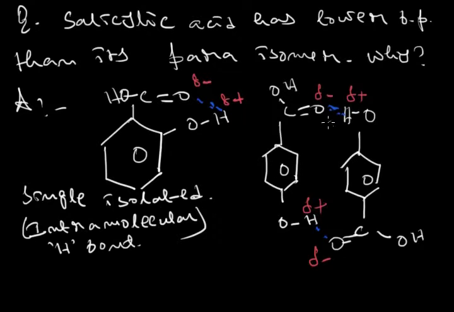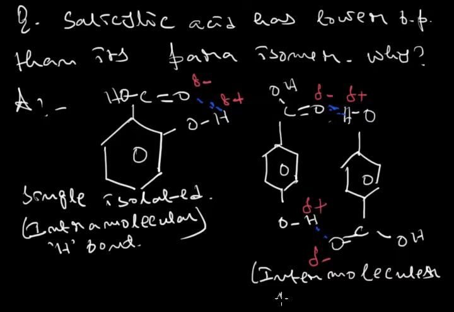This is called intramolecular hydrogen bond, denoted by blue dots. Intermolecular hydrogen bond, and a large number of para hydroxy benzoic acid molecules, the para isomer of salicylic acid, are associated with each other.